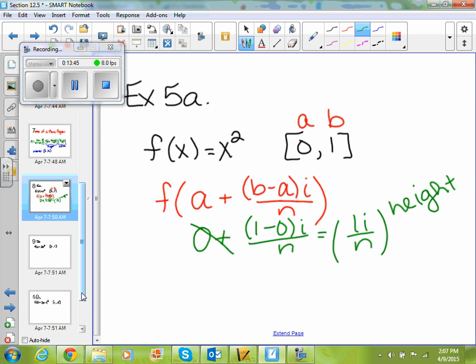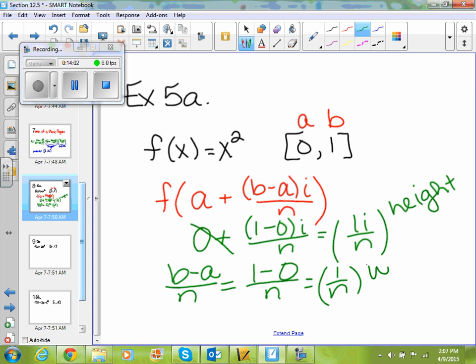The second thing that then I need to find is my width, which is (b minus a) over n. And so b is 1, a is 0. So I end up with 1 over n. And this is my width.